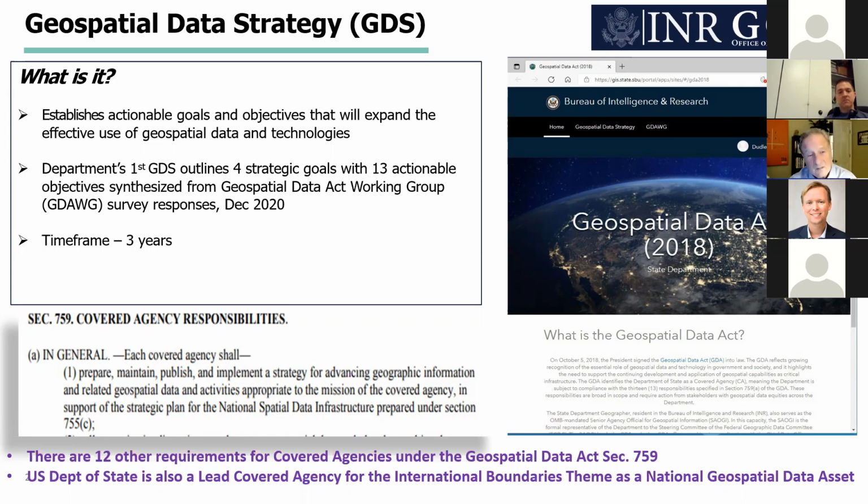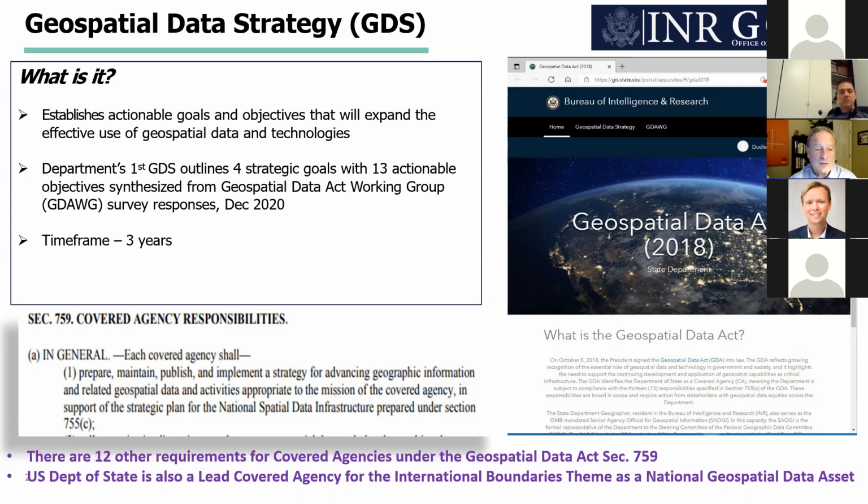So the geospatial data strategy of the Department of State is out under the 3 different signatures I just described. The U.S. Department of State is also a lead covered agency where we are responsible for the International Boundaries theme, which is a national geospatial data asset of the national spatial data infrastructure that I described before.